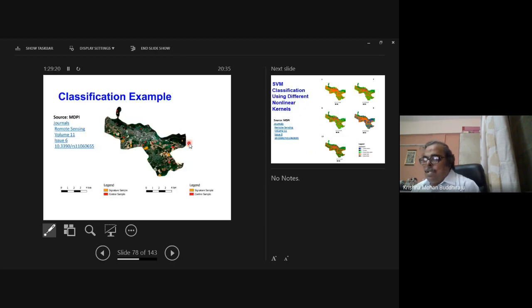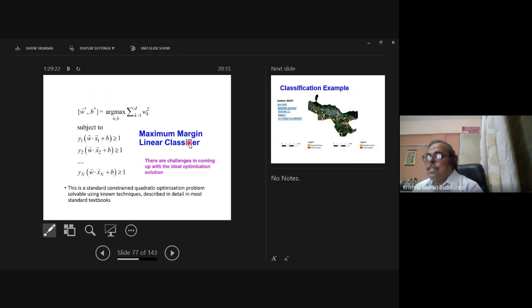So here I skipped two issues. That is, what do you do when you have noisy data, outliers? In case of outliers, you assume that the classification accuracy is not 100%. Some samples are bound to be misclassified.